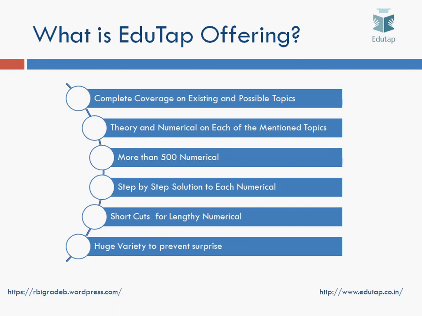There would be shortcuts explained in the notes for some complex numericals which have lengthy calculations, like for bond yield. And we will be giving you a huge variety of numericals to practice, so that there is a lesser probability of you having a surprise in the exam.